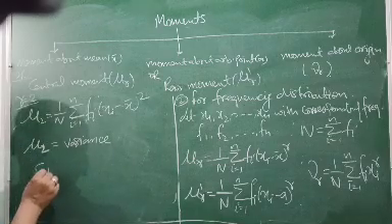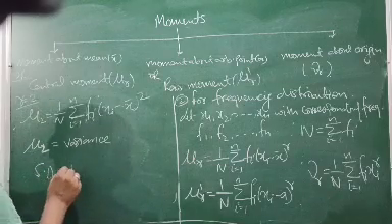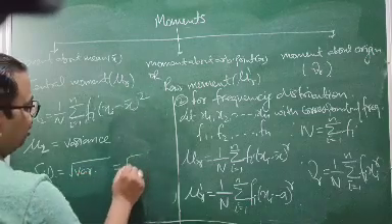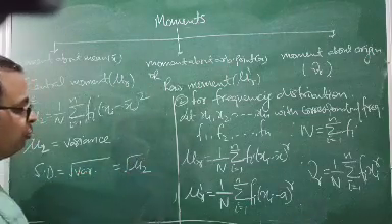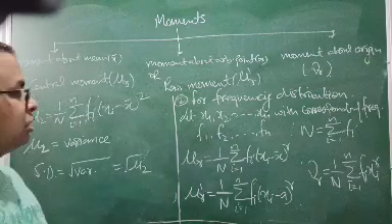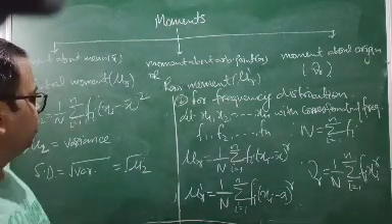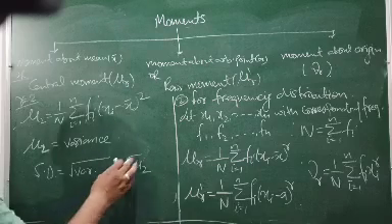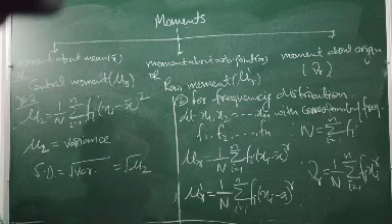If we calculate the standard deviation, we take the square root of the variance, or the square root of the second central moment, or second moment about mean, mu2. Square root of mu2 is the standard deviation.